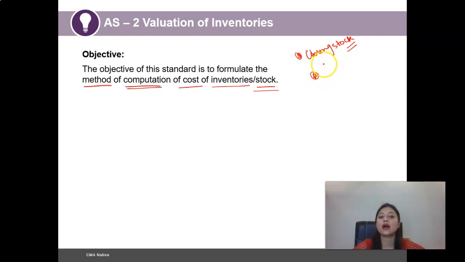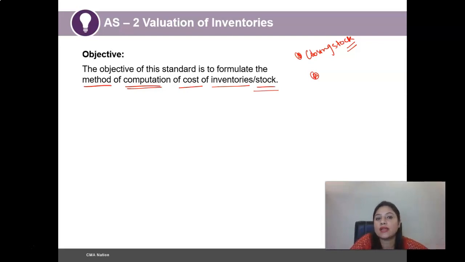Again, if there are some goods that are produced in-house, raw material has been procured and the other materials which are required in producing that particular finished good have been procured. However, there are certain goods that are still to be processed at the end of the accounting period, and some goods have been produced, however they are not sold.